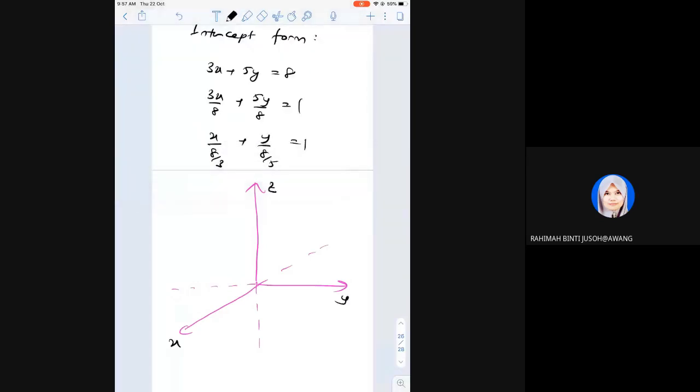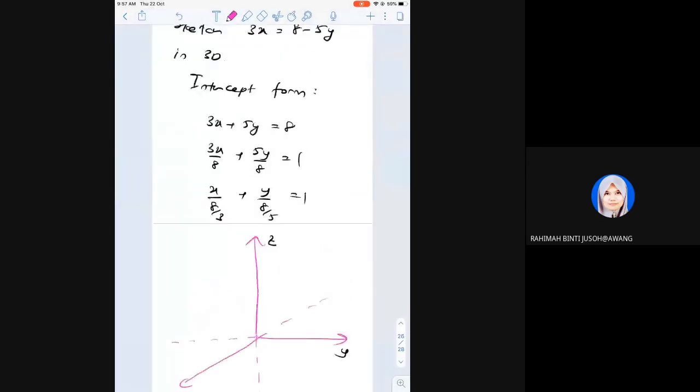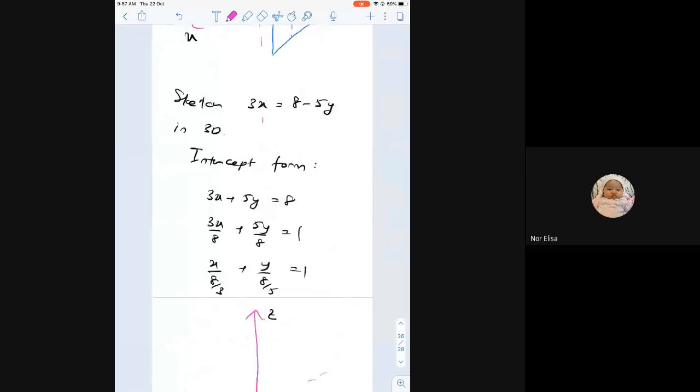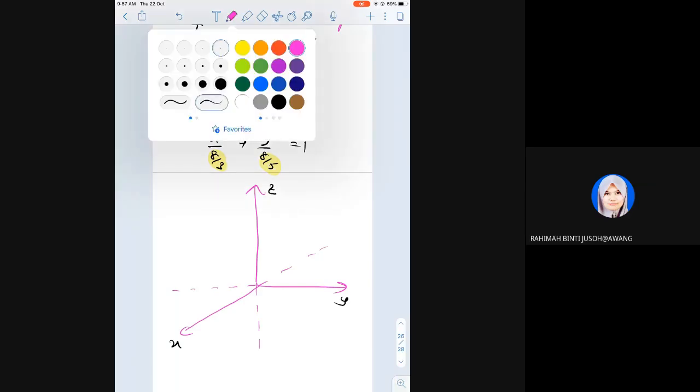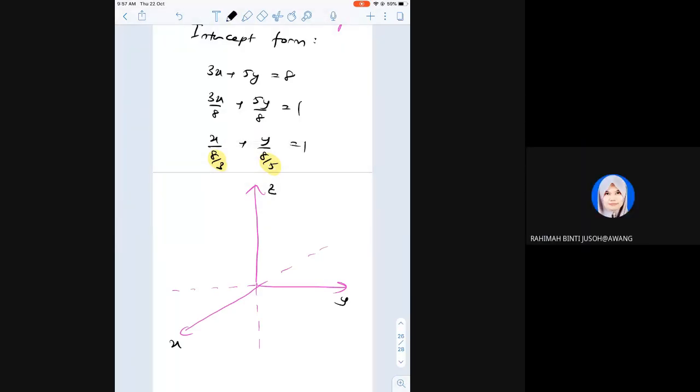In this question, which variable don't we have? There is no Z. Yes, no Z. So parallel along Z. First we plot these points: x is 8 over 3, and then y is 8 over 5. Then you connect these two points, like this.